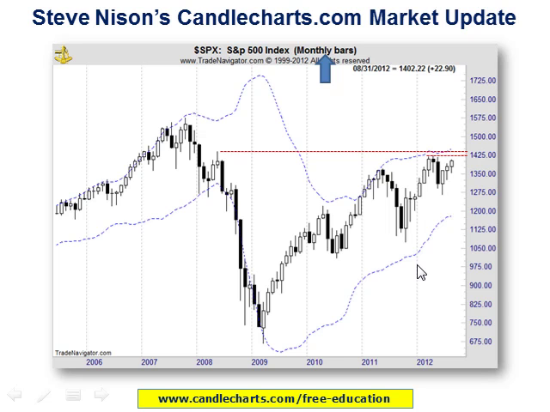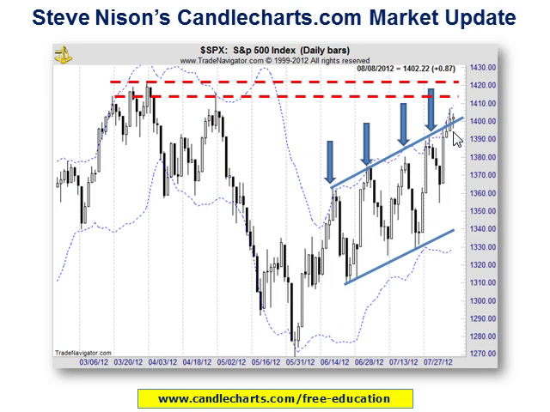And as far as support is concerned, I'd be looking on any significant corrections for support, just the recent low down here, but I'd be looking for this return to this bottom end of the channel. So no true bearish candlestick signals yet, like we had here with the bear harami, the bearish engulfing pattern, the dark cloud cover, and so forth.